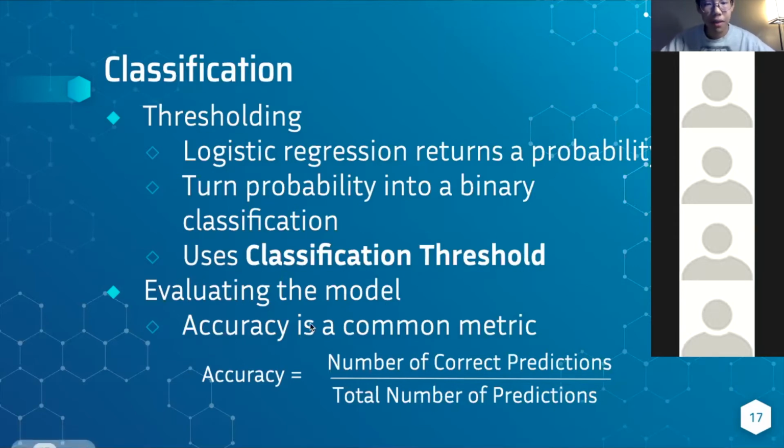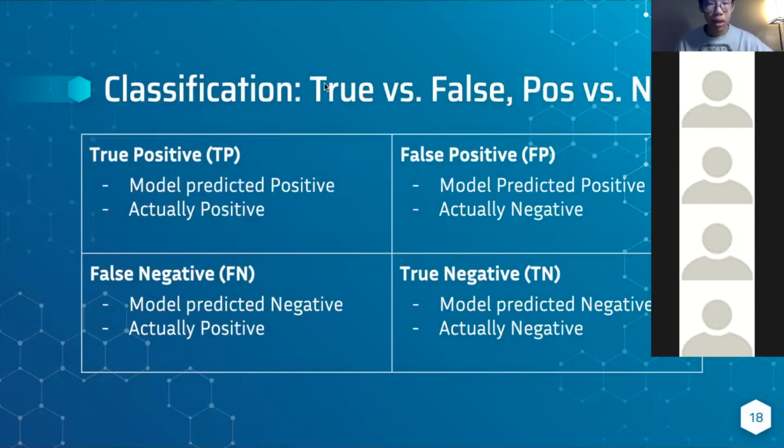And we can also evaluate the model by testing our accuracy. Because the values we're getting are either yes or no, we can see the number of correct predictions over the total predictions we're making. But this leads into how we can truly see if our model is accurate.